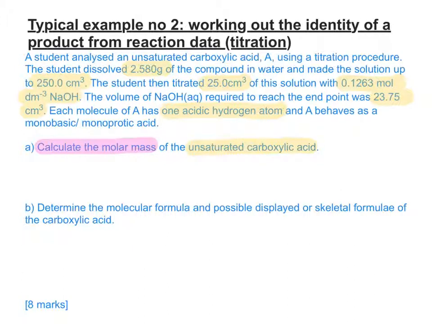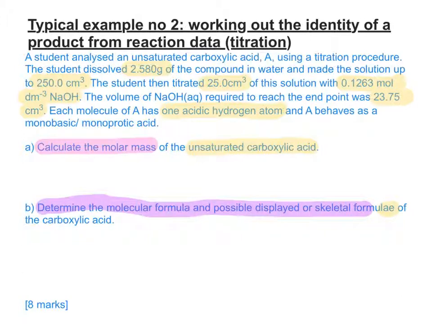So what we're doing as we're going through is looking at little clues that the question is giving us. I've spotted something else as well. Formulae is plural. It means they want more than one to get the full 8 marks. So the other instruction they give us is to determine the molecular formula and possible displayed or skeletal formulae.